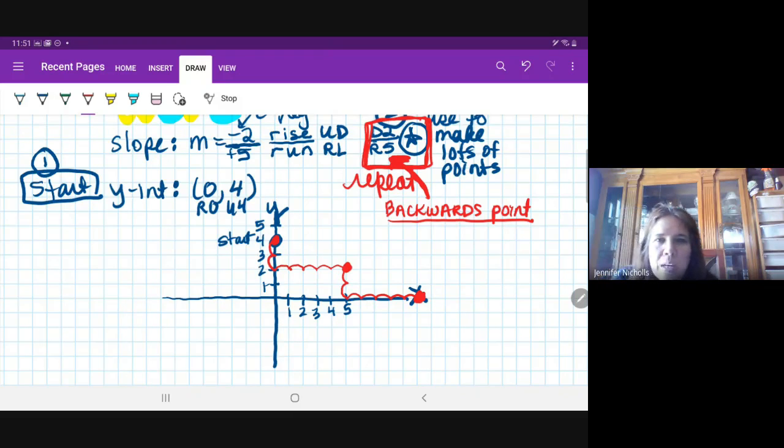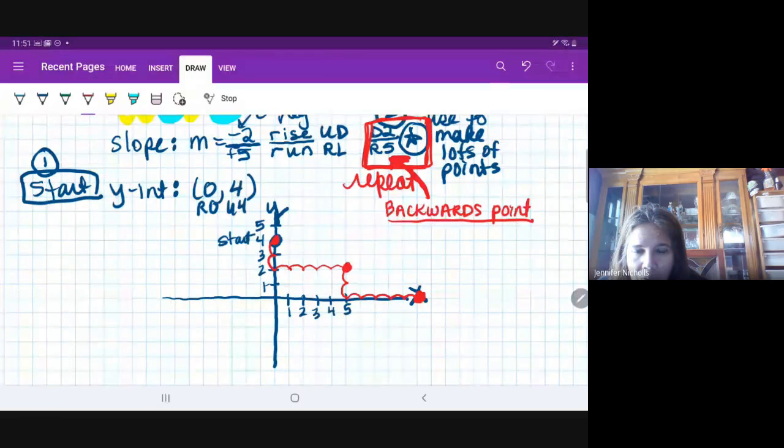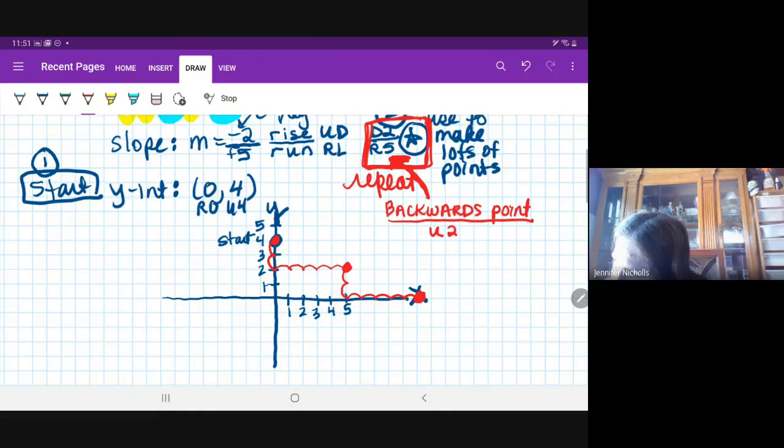So what's backwards of down 2? What's backwards of down 2? Yeah, up 2. So the backwards point means that you can do exactly the opposite of what the slope says.